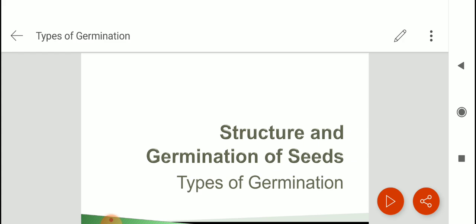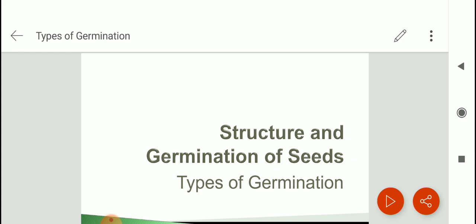Only bean seed and maize grain. Difference between monocot and dicot seeds. Difference between hypogeal and epigeal germination that we will be doing today. And conditions for seed germination supported by experiments. So these many things are there that we must cover in this unit.